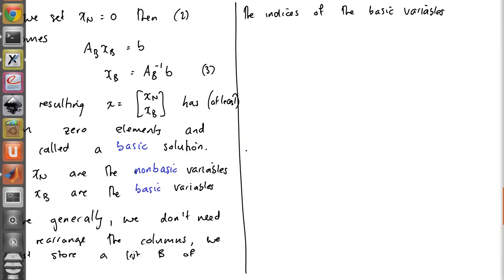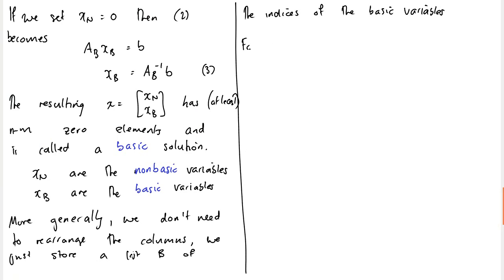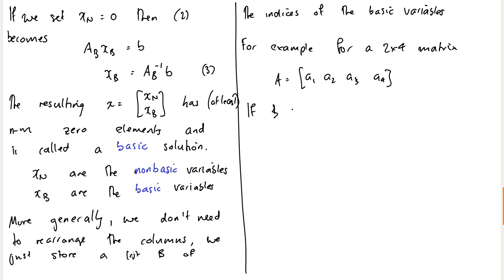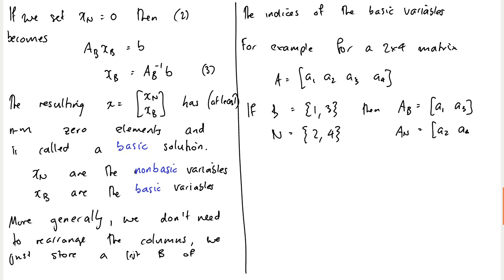Okay, so back to what we're doing. For example, for a 2x4 matrix with 4 columns, if B equals the set 1, 3, then AB equals A1, A3, N is whatever's left, 2 and 4, and AN would equal A2 and A4.